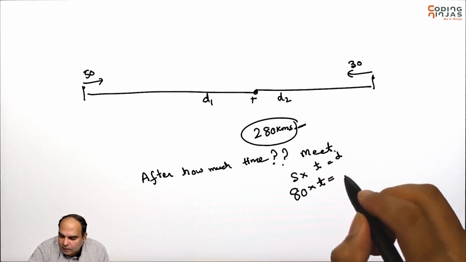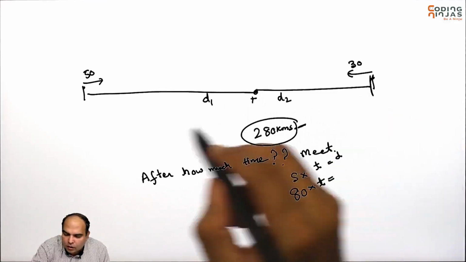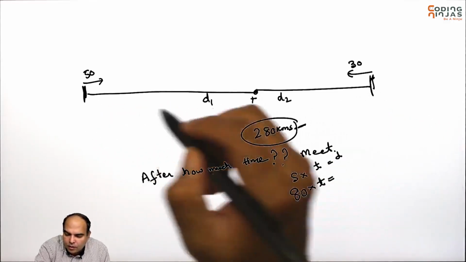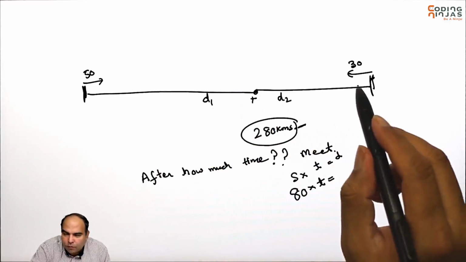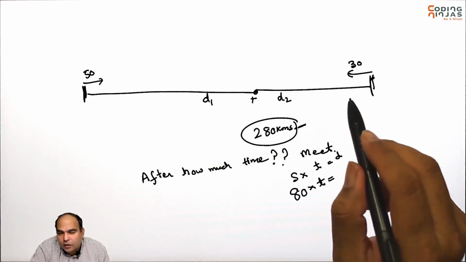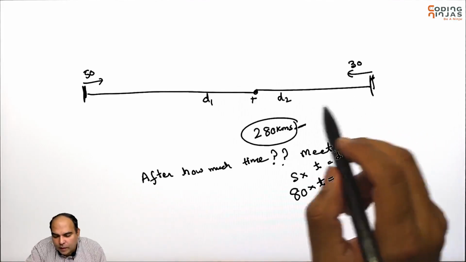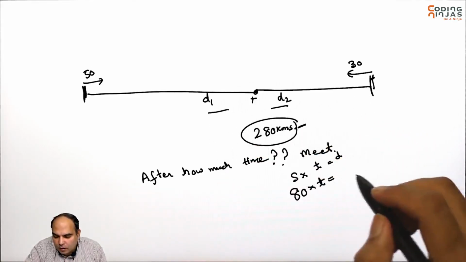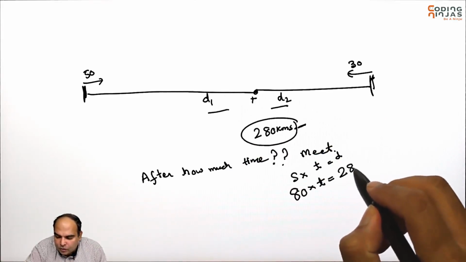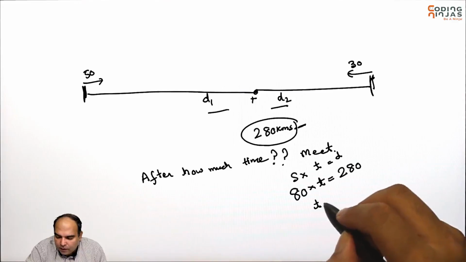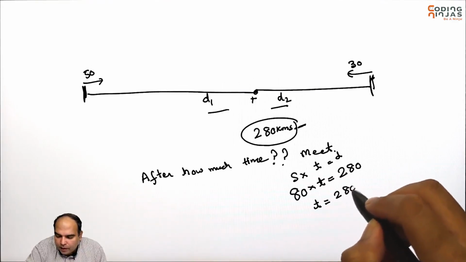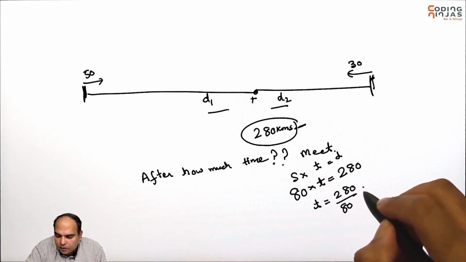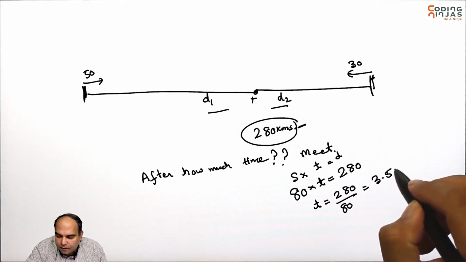In this case, the distance is the total distance or the relative distance between the two. And in such situations, when bodies are moving in the opposite direction, the relative distance is always taken as the sum of the distances travelled by the two bodies. So d will be taken as 280, and hence the value of t would be 280 by 80, which is 3.5 hours.